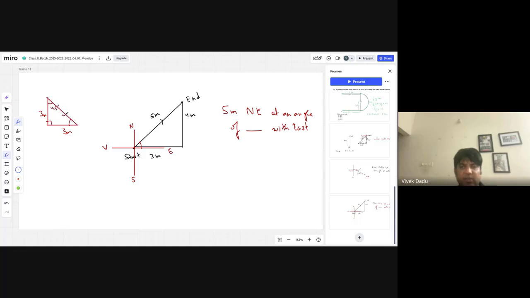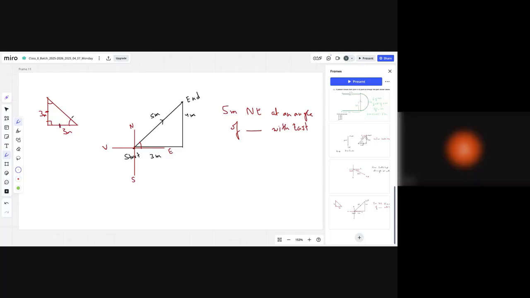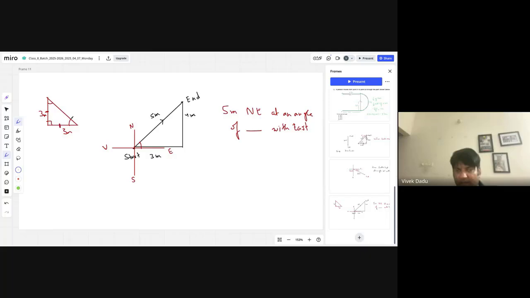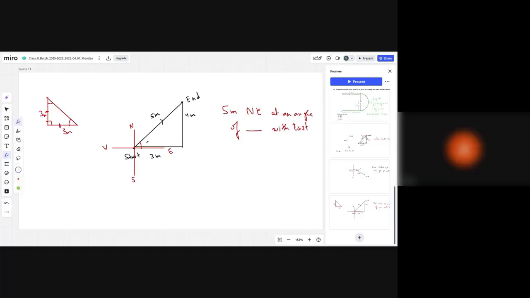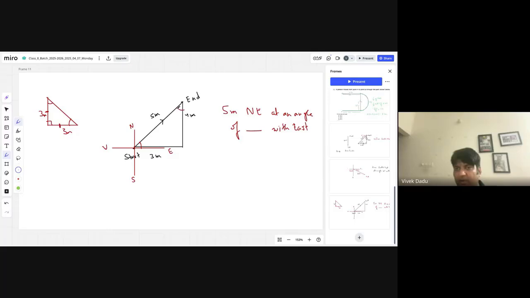You understand why they are 45 then? Because this becomes which kind of triangle? Isosceles. Sir, isosceles. So isosceles has two angles equal, right? Is this an isosceles triangle, Anish? No, sir. So here, these two angles will not be 45.